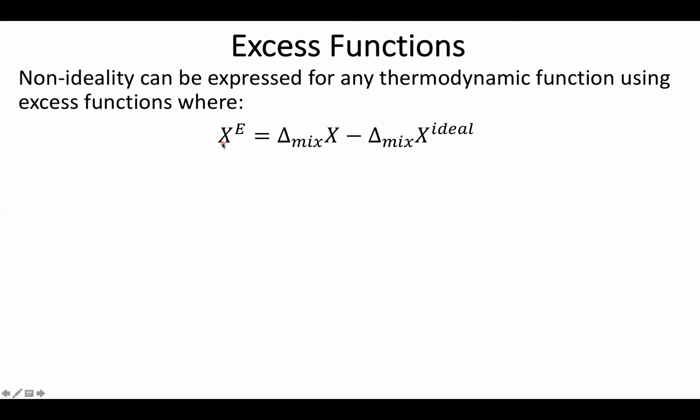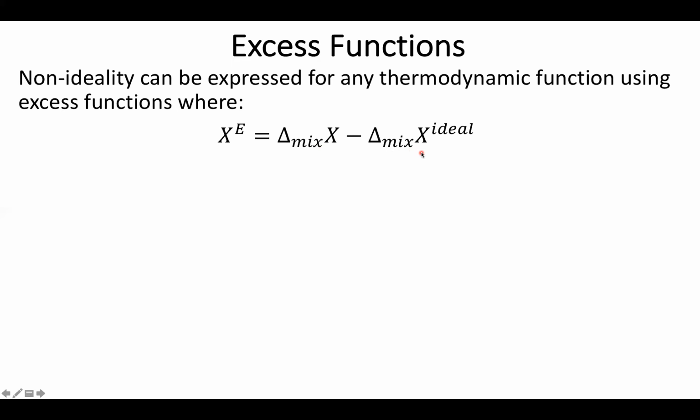And this is going to be applied for more or less any thermodynamic feature, but we're going to focus on using it to describe mixing. So the excess function for any thermodynamic variable is just going to be the mixing of that thermodynamic variable minus the ideal scenario. But again, you can apply this to any process, any change minus the ideal change.